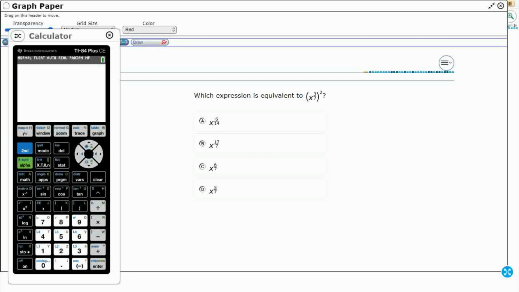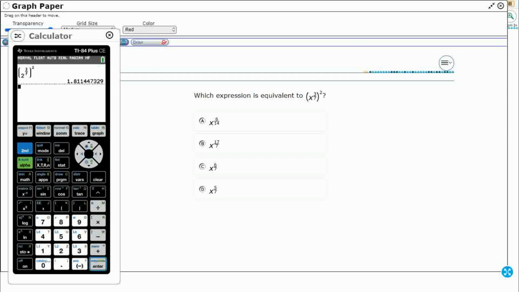We hit our parentheses, hit 2 as our base. Now to get that exponent, we hit that caret button right up there. Then we need a fraction, so let's do the original, 3/7. Then we get that big parentheses again, and then let's square it.